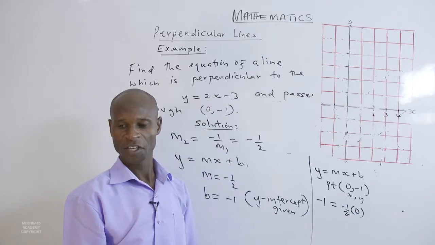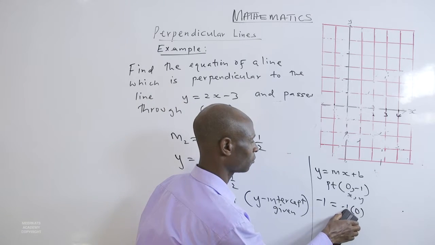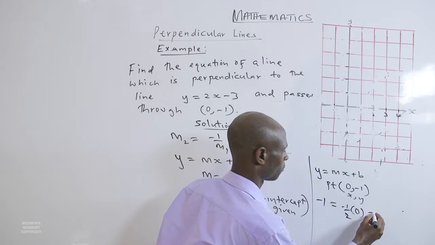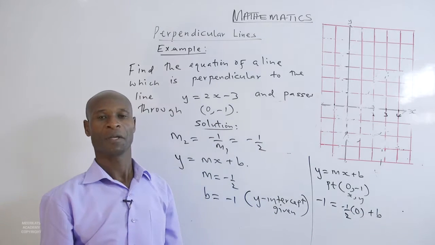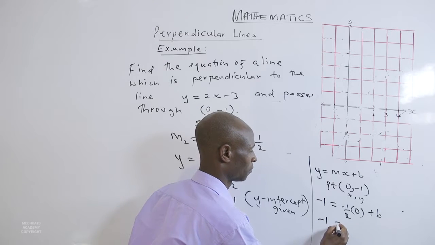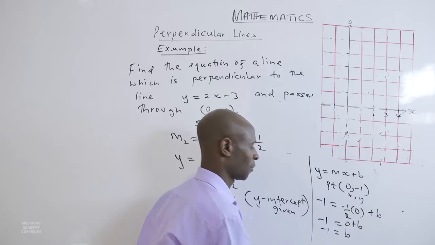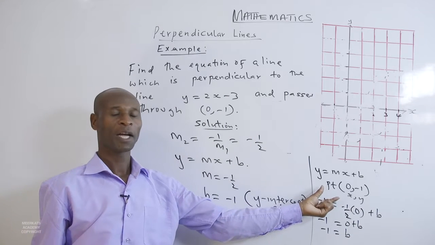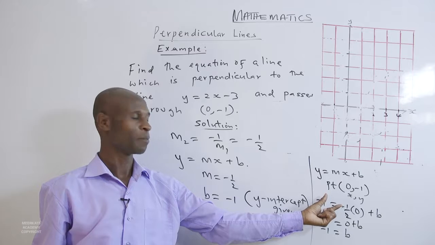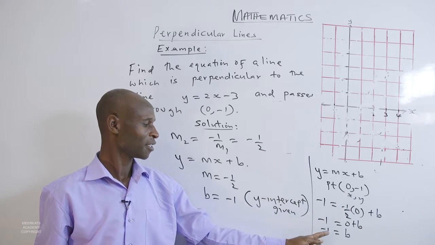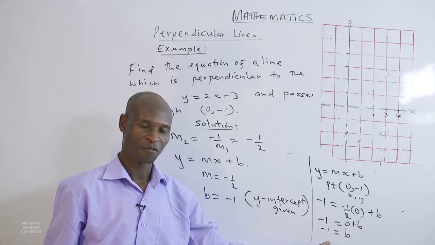The value of x is 0, plus b. So from this substitution of the values of the point, x as 0 and y as -1, we find that the value of b is -1.